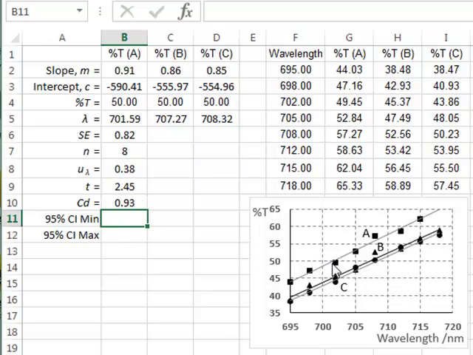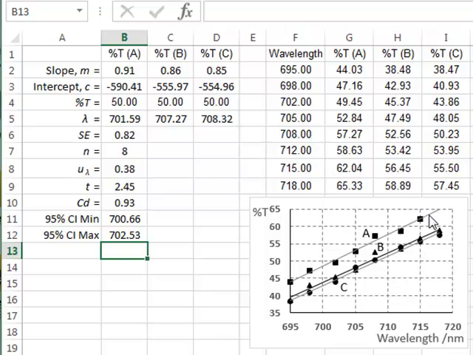So for the confidence interval for A, the minimum value will be equal to the mean value in B5 minus the confidence deviation, and the maximum value will be equal to the best estimate value again in B5, but this time plus the confidence deviation.